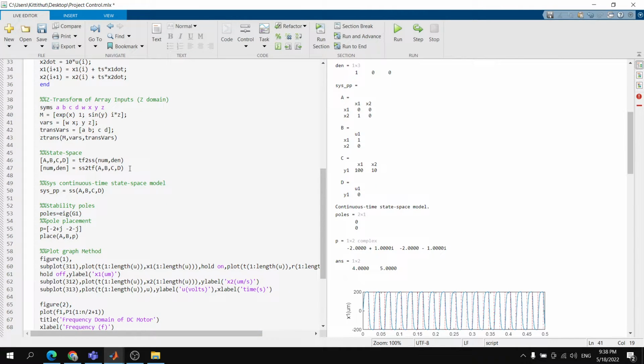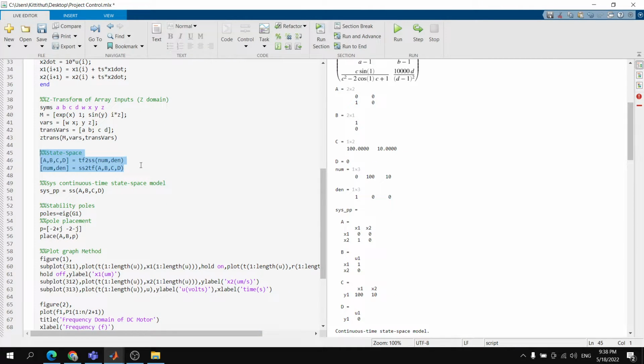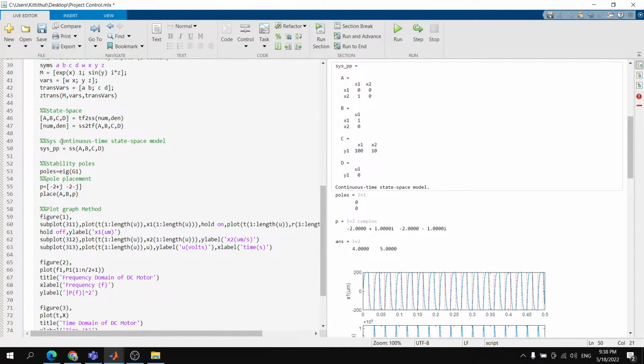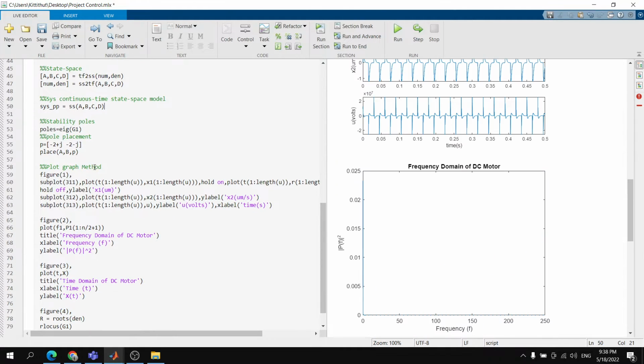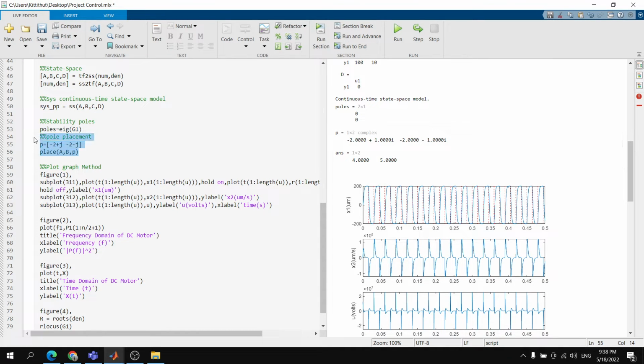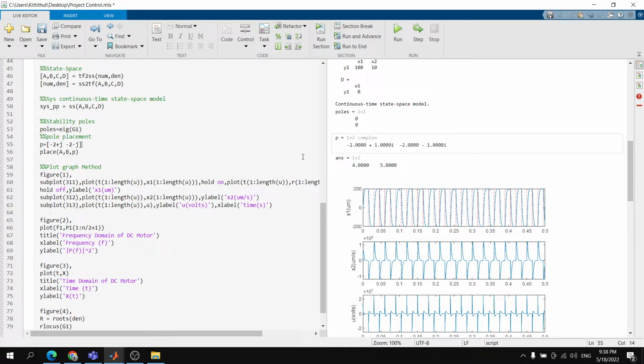And this is the state space functions, and the system continuous time state space model, and the stability and pole placements, and these are the sections.